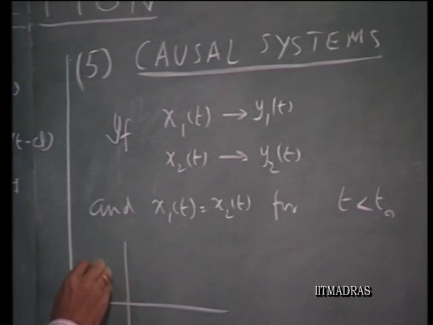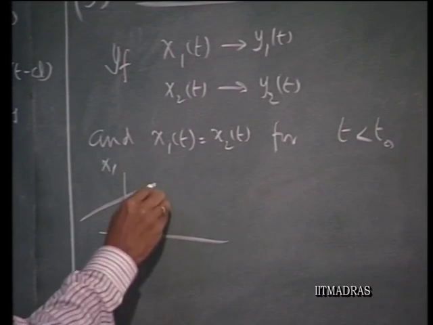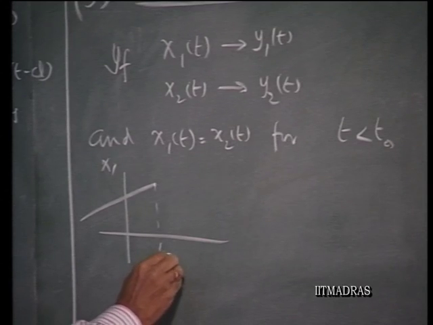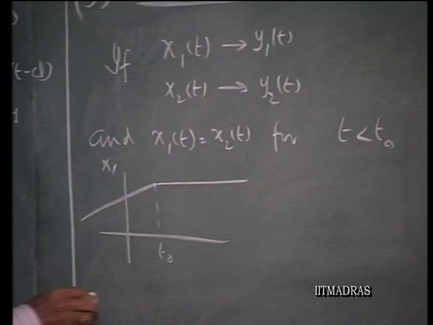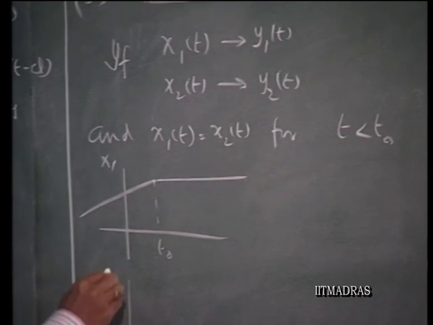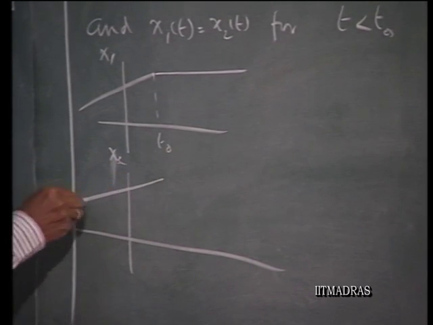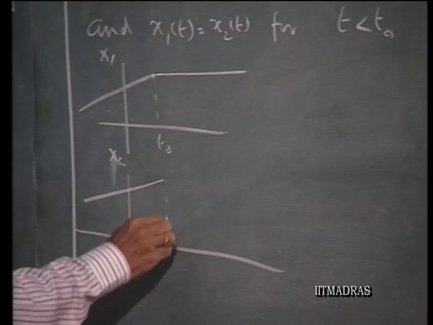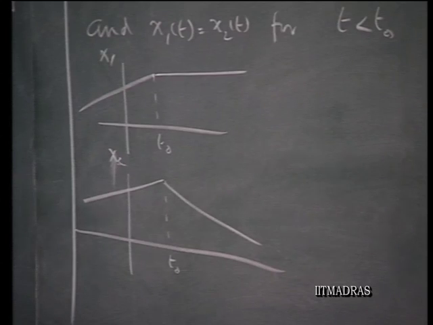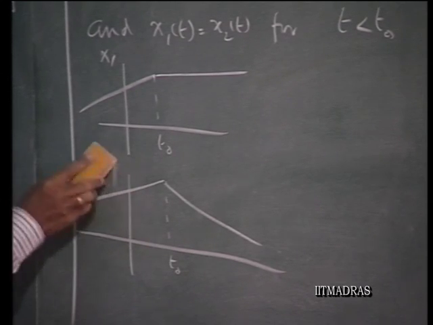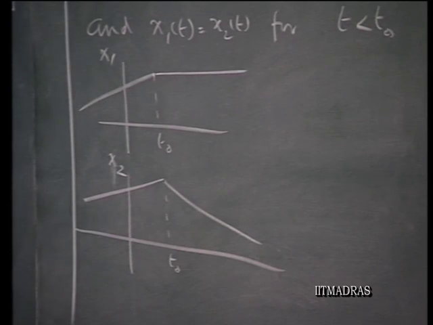So, you may have x1 of t up to point t naught, and afterwards maybe it goes like this, and you have another x2 which also follows the same waveform up to point t naught, but afterwards maybe deviates from the values which x1 had taken.